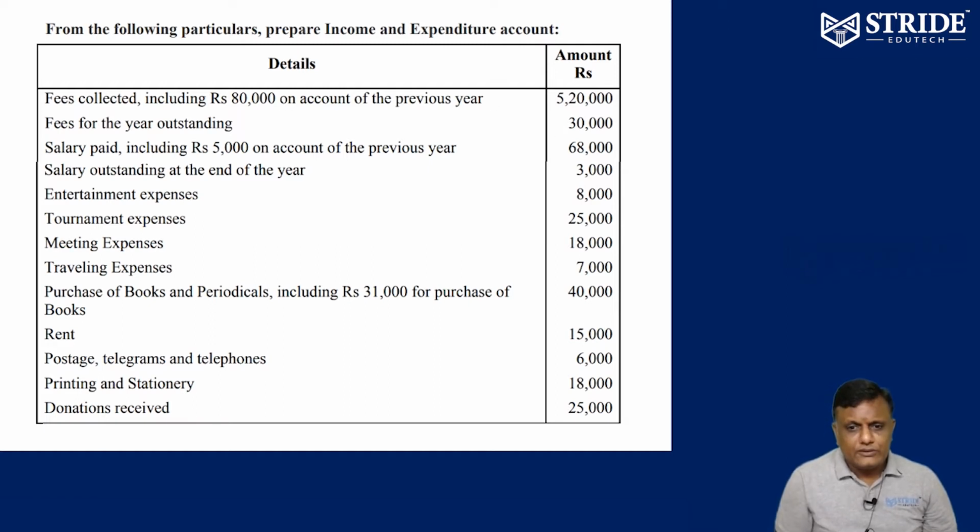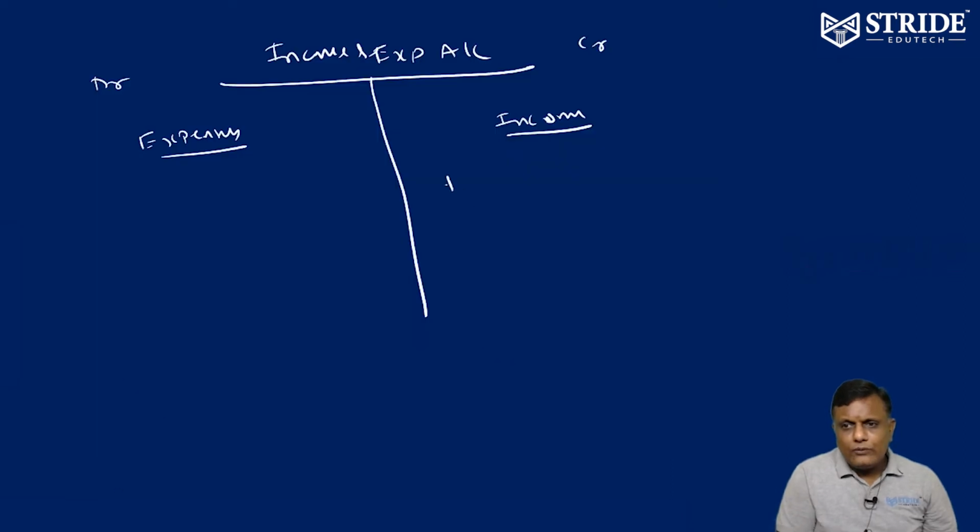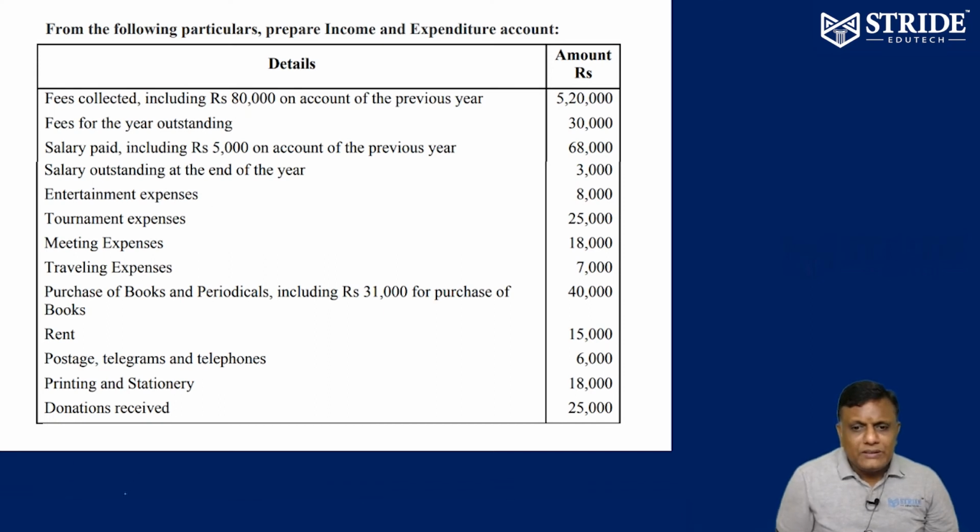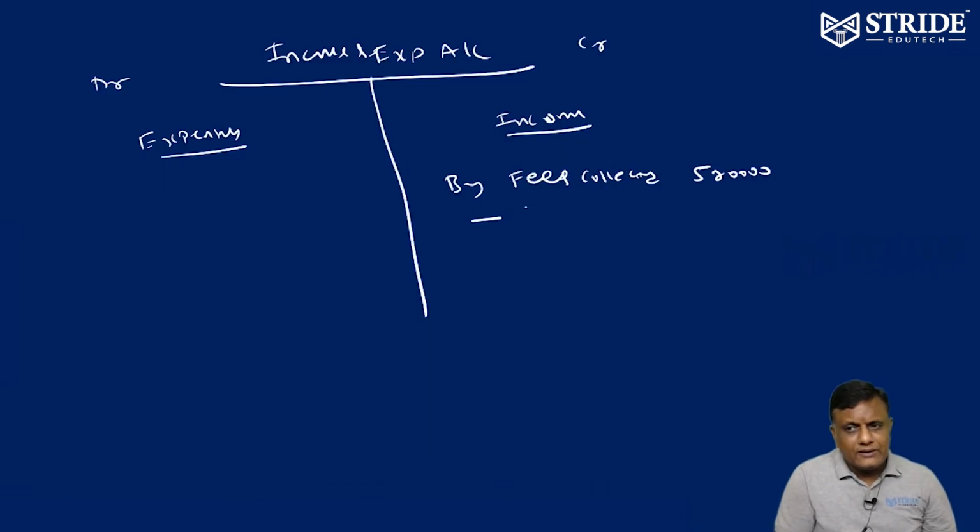So how much fees have we collected so far? 5,20,000 collected, minus this 80,000 which belongs to previous year, that is fees accrued last year. Last year it was accrued, 80,000.